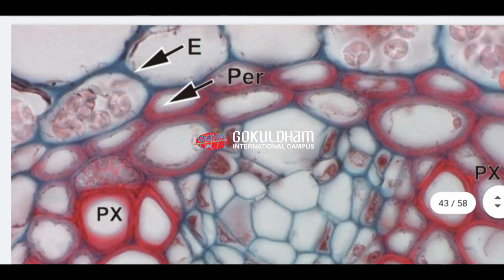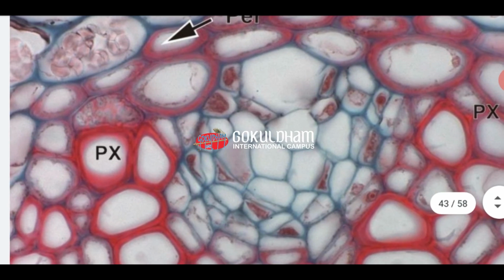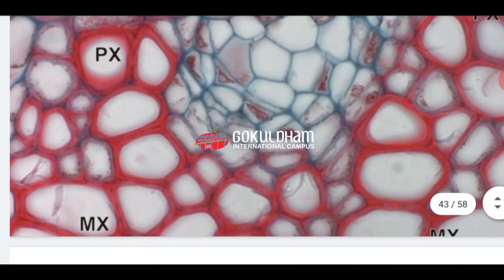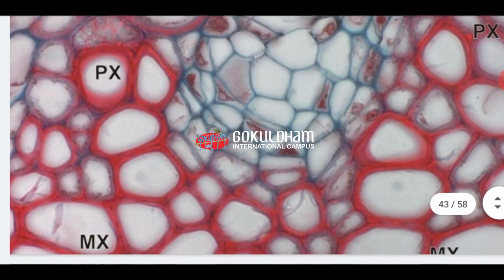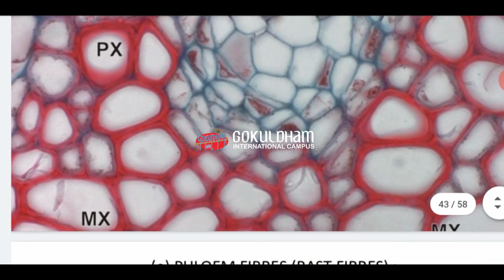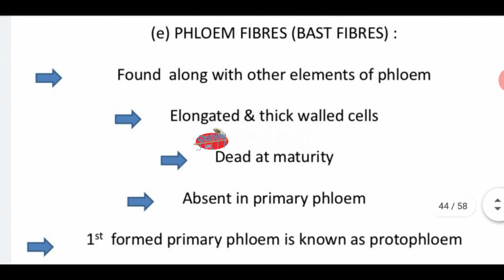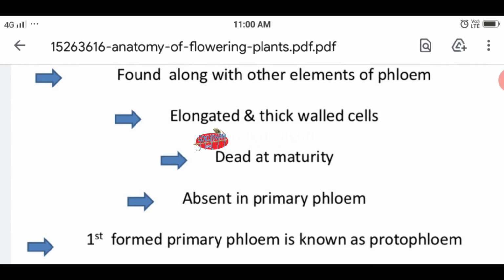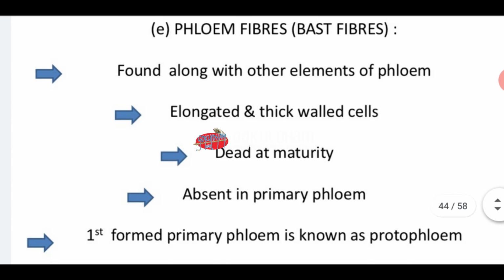This picture shows the protoxylem and metaxylem. Now, the next type of cell which is present in the phloem is fibers, which is also known as phloem fiber or bast fiber.